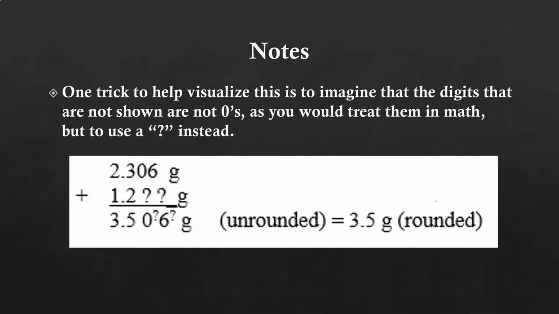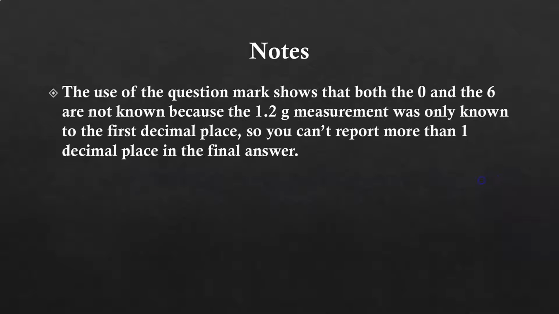Another trick to help visualize is to imagine that the digits that are not shown are not zeros, as you would treat them in math, but use question marks instead. So you would fill in question marks, and when you add them, these two are tagged with a question mark, meaning you can't use them. And then you would round after that to this number, because you can use only that first decimal place, the tenths place.